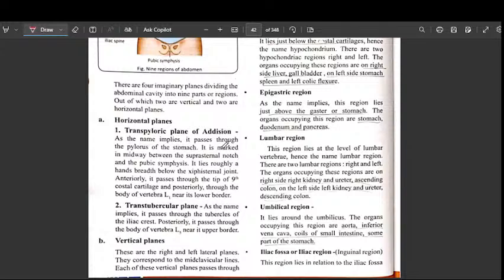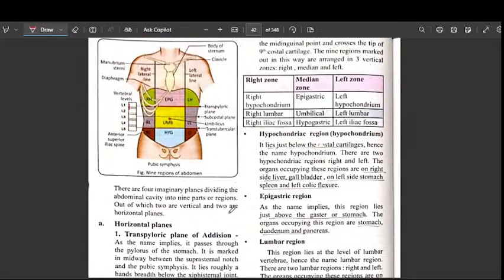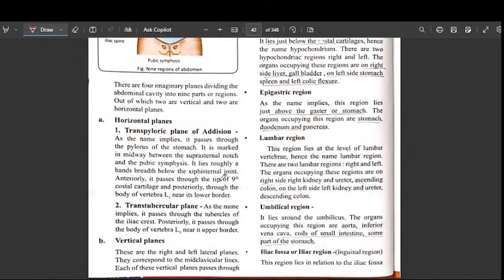It lies roughly a hand's breadth below the xiphisternal joint anteriorly. It passes through the tip of the ninth costal cartilage and posteriorly through the body of the L1 vertebra and near its lower border.